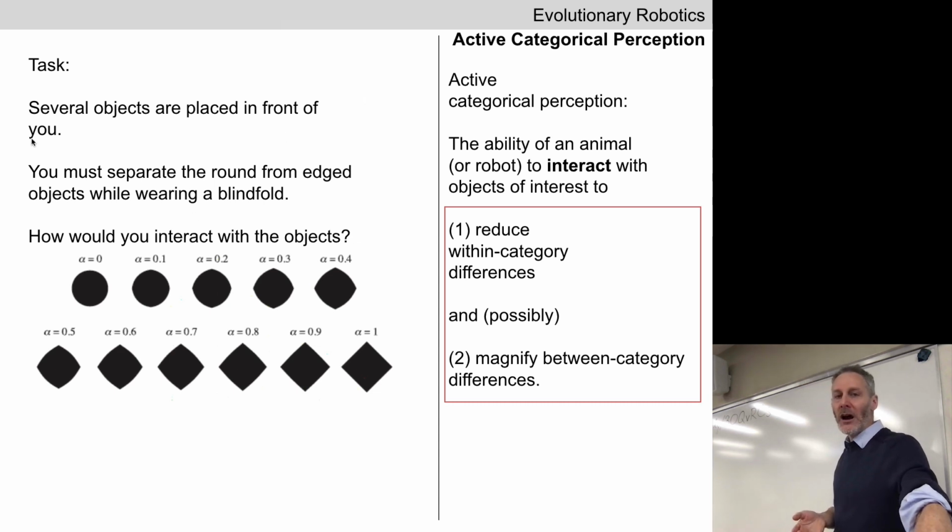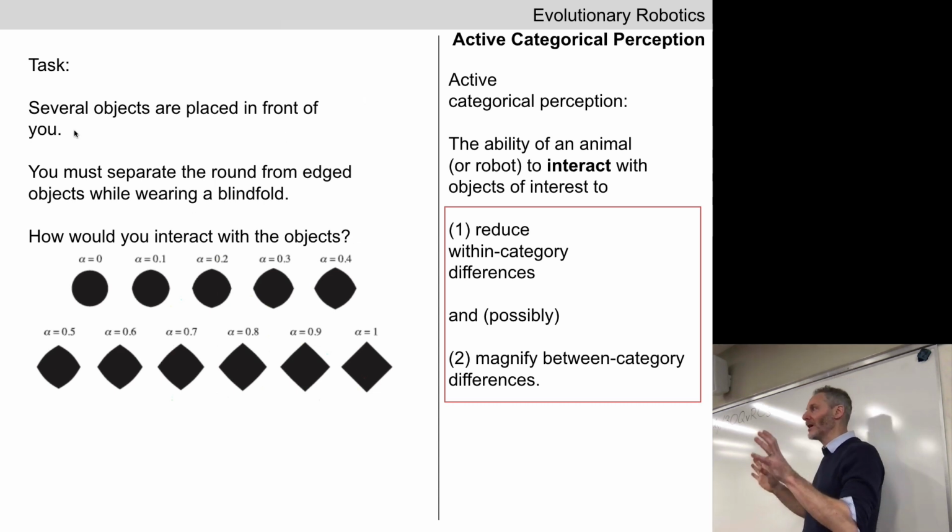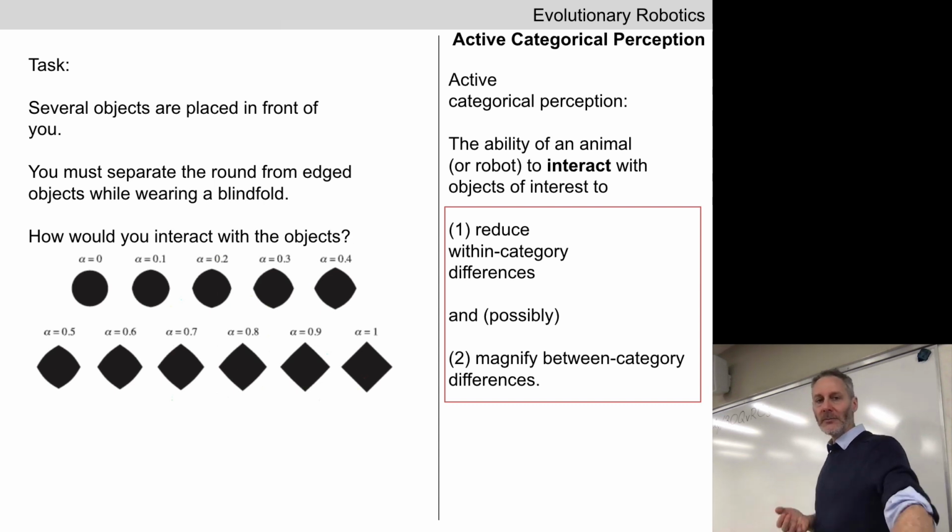I want you to join me in the following hypothetical experiment. I'm going to place several objects in front of you, but you're blindfolded. And I'm going to give you a task, which is to separate the round objects from the edged objects.